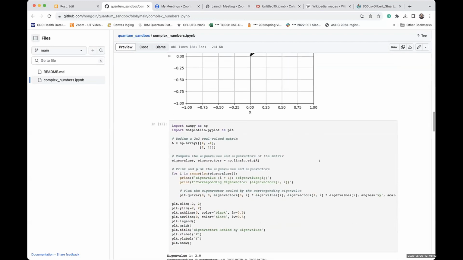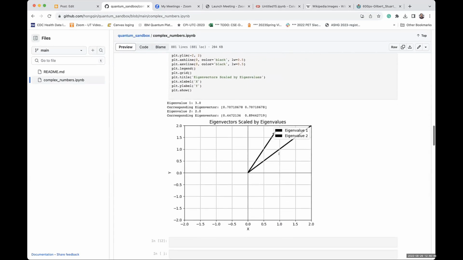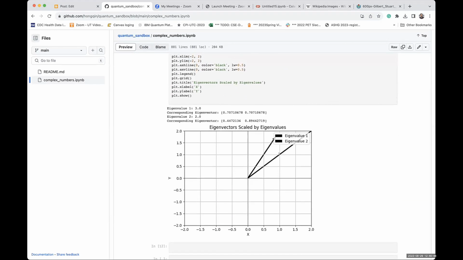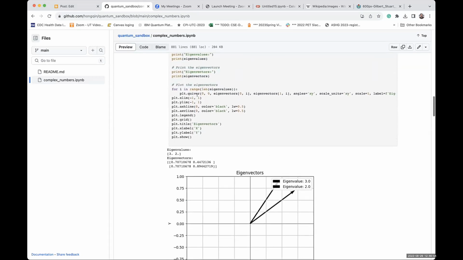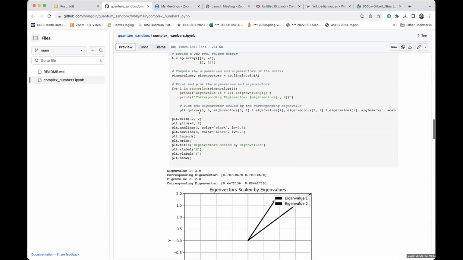And below is just a different version trying to plot it in a different way. On the top I printed all together, at the bottom I try to print it one by one to verify the eigenvalues and eigenvectors.